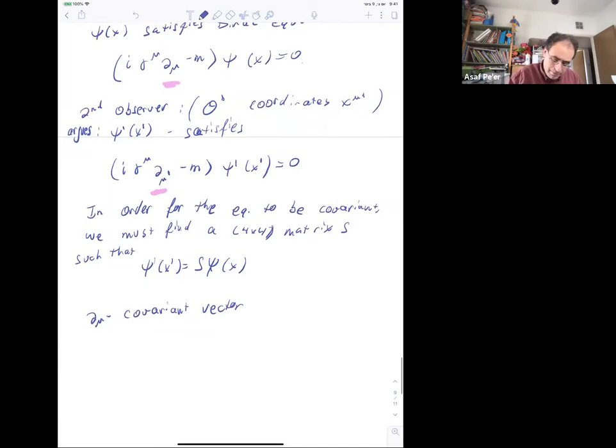So d mu prime is lambda nu mu d nu. Remember that this is the symbol of the inverse.